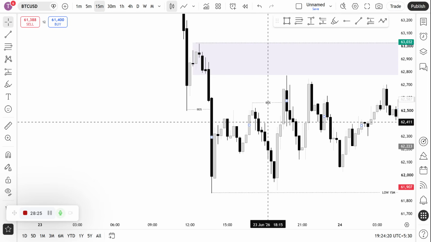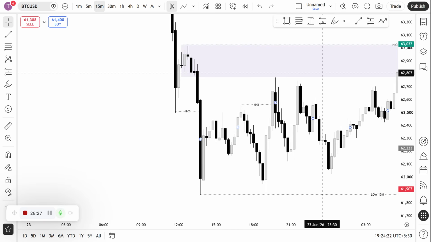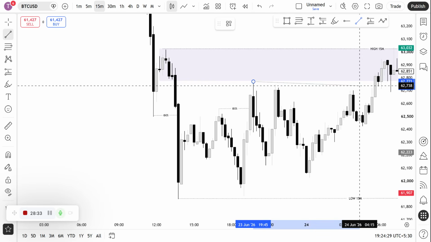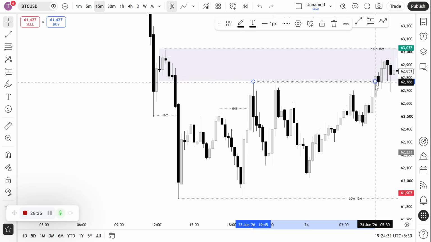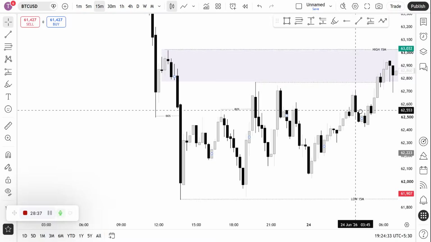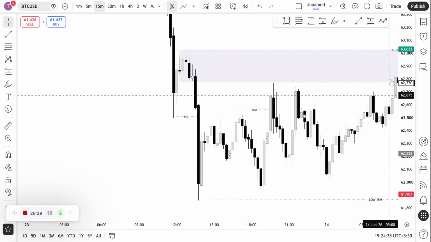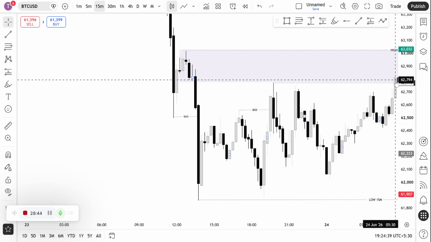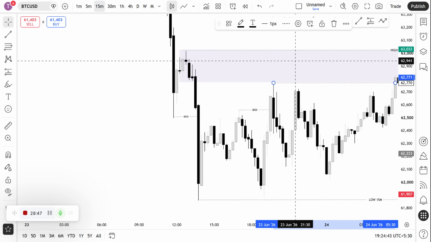So on my 15-minute time frame, I was waiting for the market to come to my order block. So what happened? This is a new high. This candle mitigated our order block.